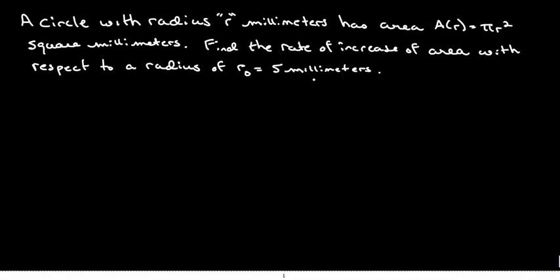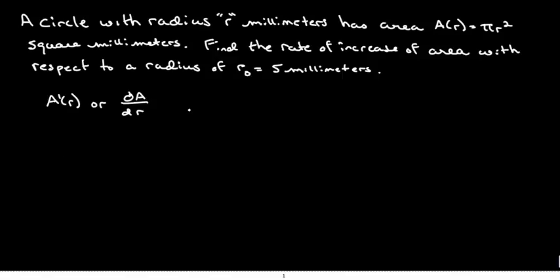So what does it mean? Well, what we're looking for is the rate of increase of area with respect to the radius r. So what we want is A prime of r, or the rate of change dA of area with respect to the radius, so dA dr. In fact, I kind of like the way that this is written right over here.